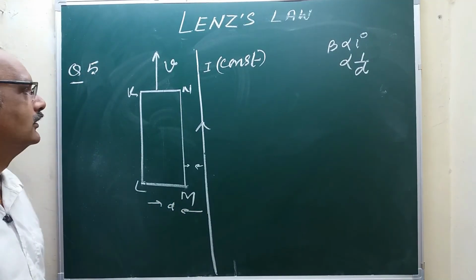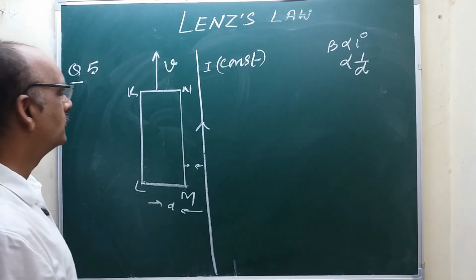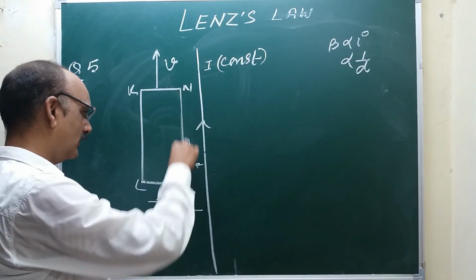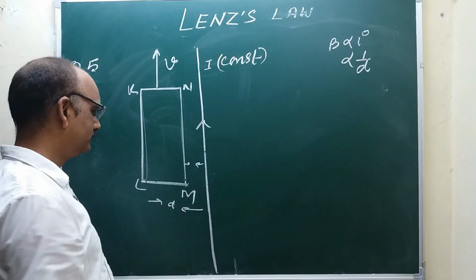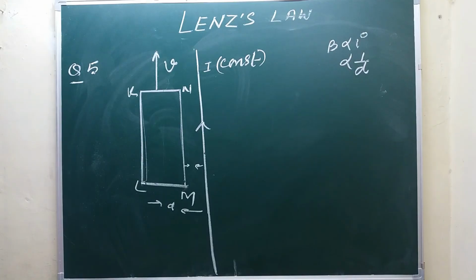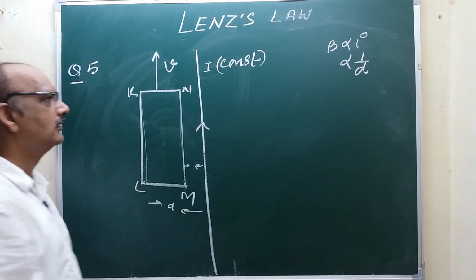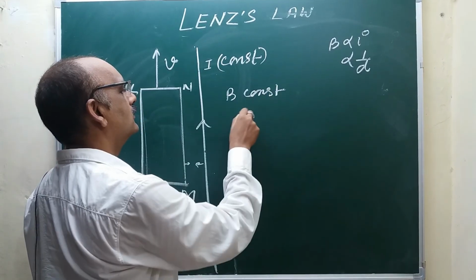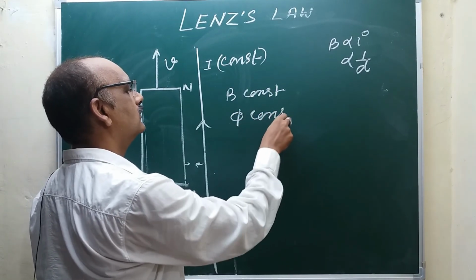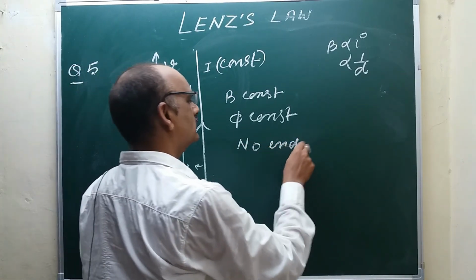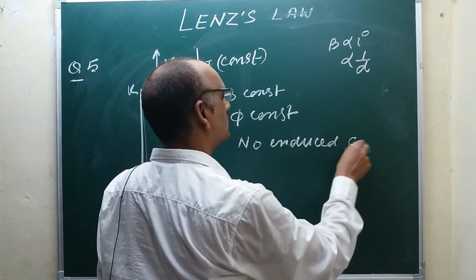It means that there will be no change in magnetic field linked with this side or this side, and hence flux will be constant. B constant, I constant, so no induced current.